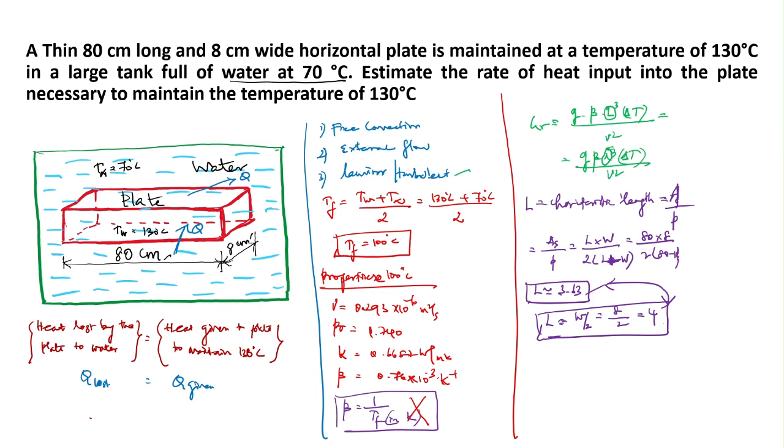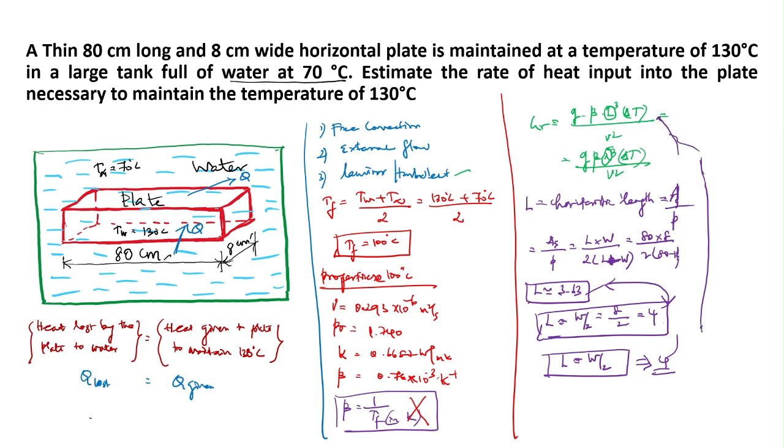So for better, we take L approximately W by 2. This is a standard formula provided for all cases of horizontal plate. By using this formula, we have a value equal to 4. So substitute the 4 in that same formula.